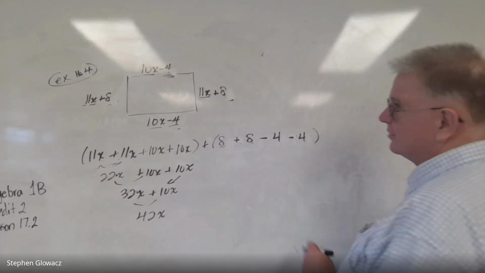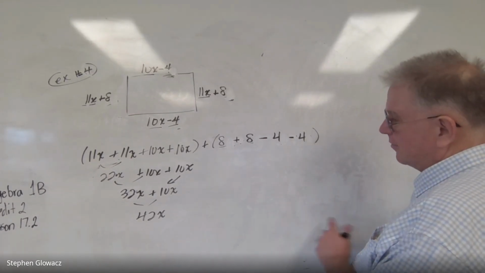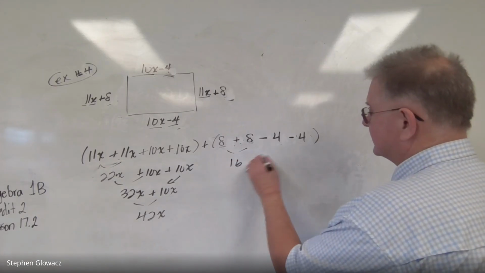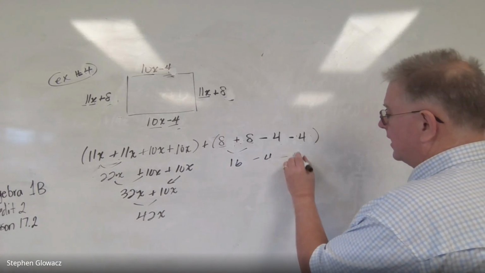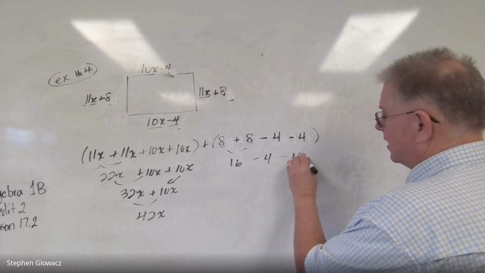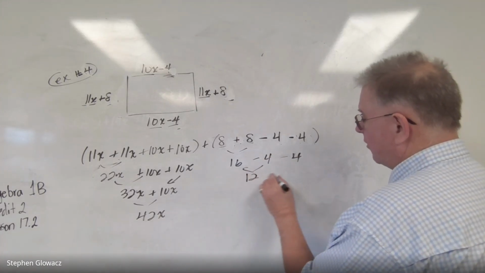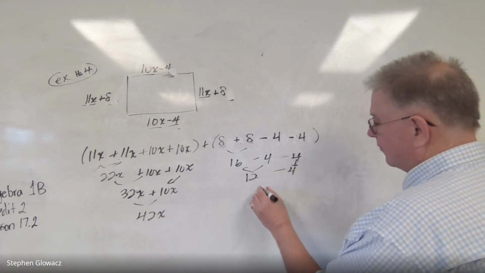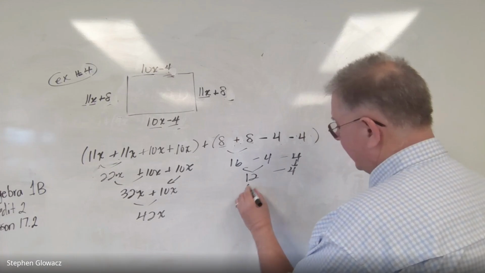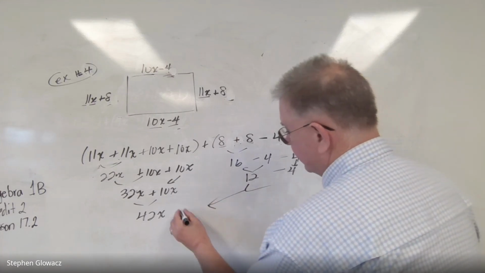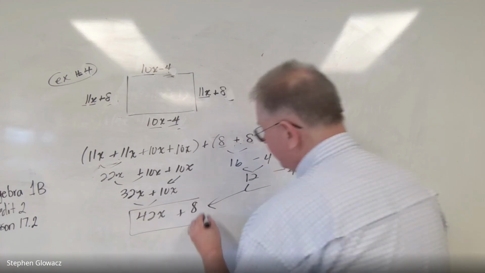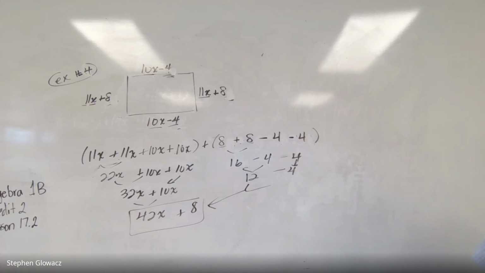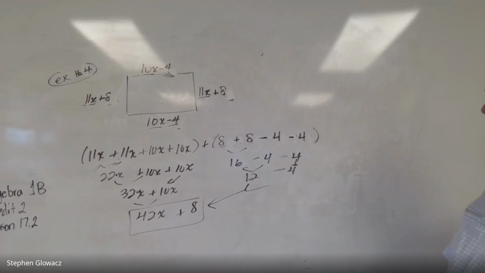Just to show you an example that's going to be similar to number 4, 8 plus 8 is 16. And then 16 minus 4 is 12. Then 12 minus that other 4 gives us a positive 8. So put that over there. And so we'd have 42x plus 8 as our answer here.